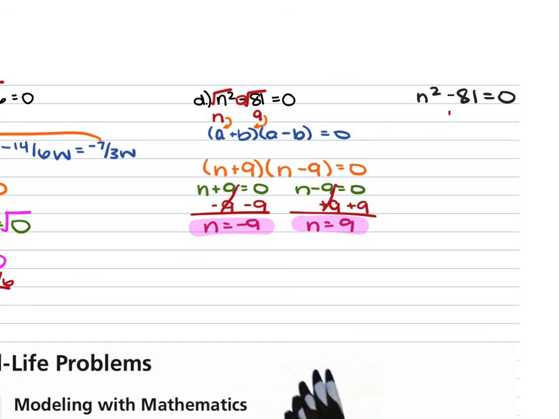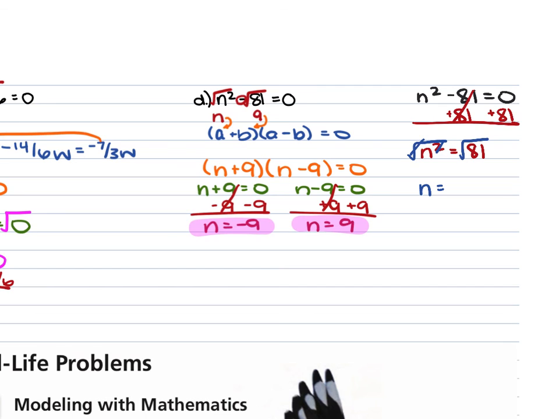So by doing this, we could add the 81 to each side. This isolates the n squared, as n squared is equal to 81. From here, we want n, not n squared, so we would have to take the square root of both sides. It cancels out the power on the n to just give us n. And we have the square root of 81.